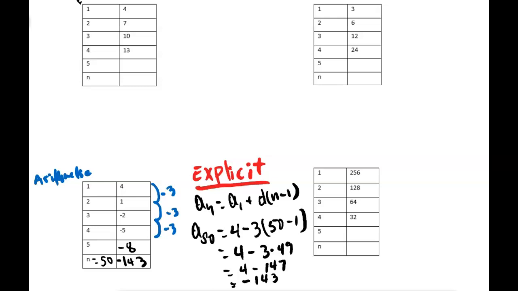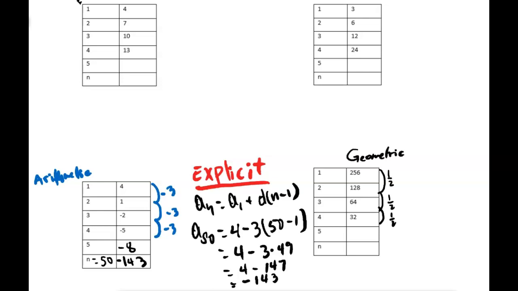So you divide by 2 to get 128. When you divide by 2, it's like multiplying by 1/2, which is the same as 0.5. 128 divided by 2 is 64. You multiply by 1/2 each time, which means you divide by 2. That's how I know I have a geometric sequence.